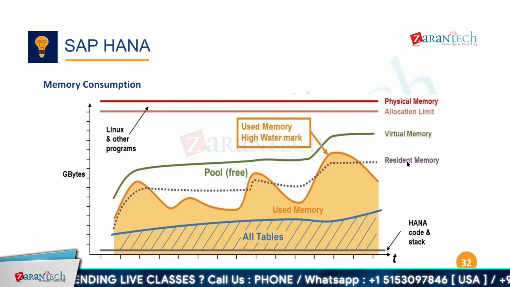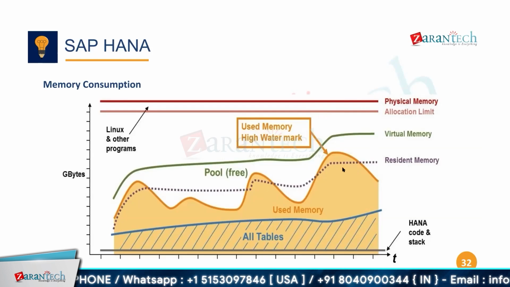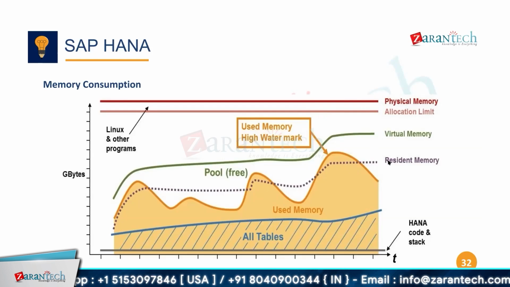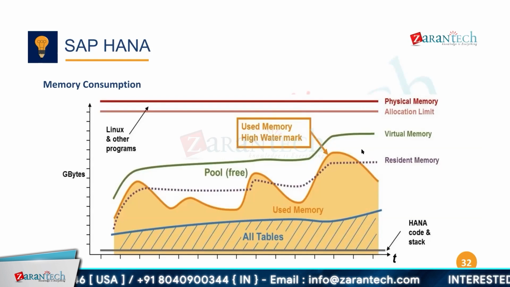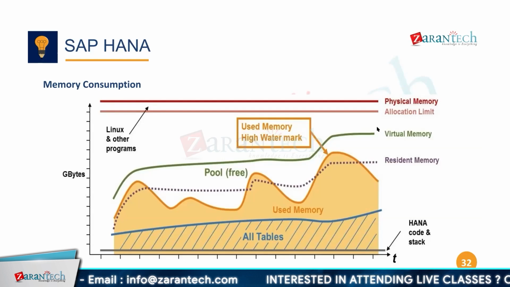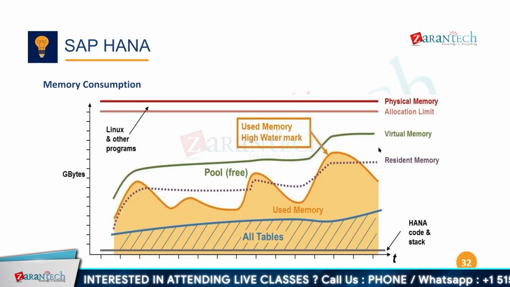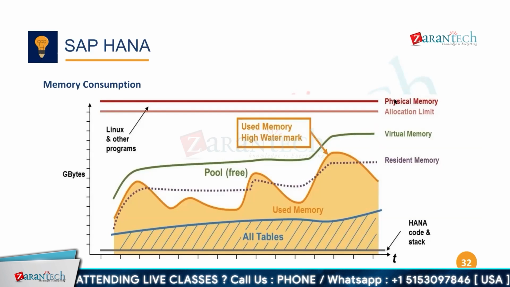When you cross the resident memory, they call it that in those peaks, meaning the remaining memory that is available. The virtual memory is nothing but how the peaks are going. Don't worry, these are not the actual things. But physical memory is important, 2 TB, and the allocation limit is important, how much you have.